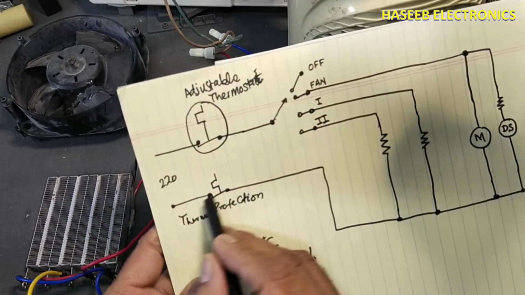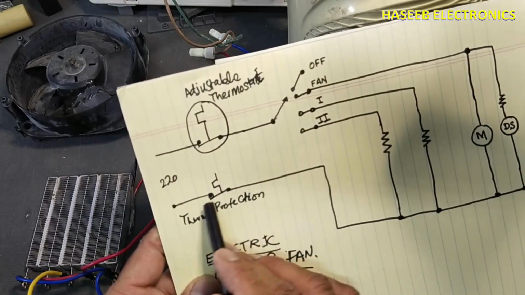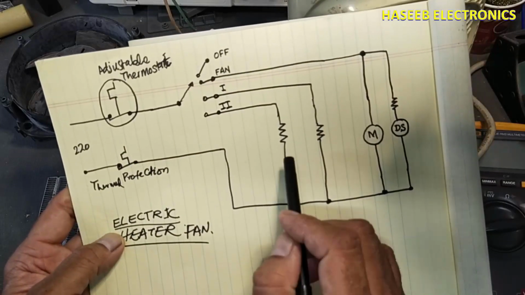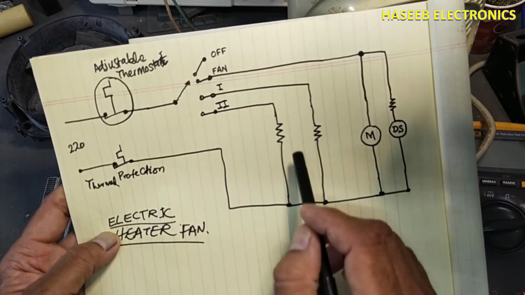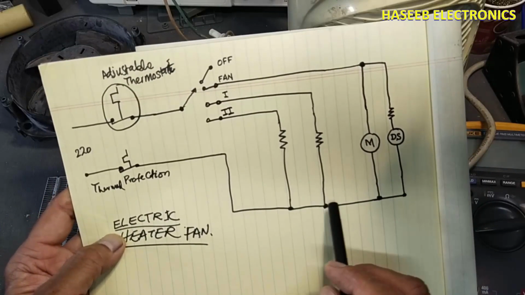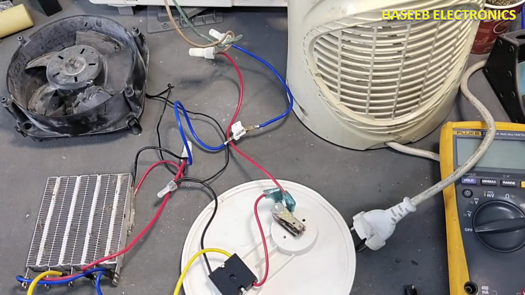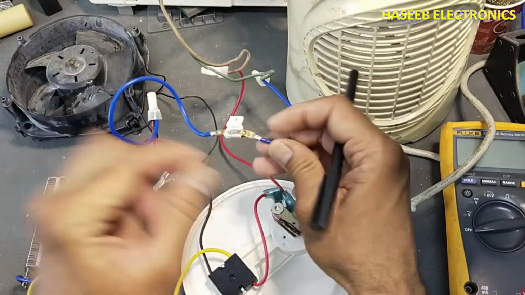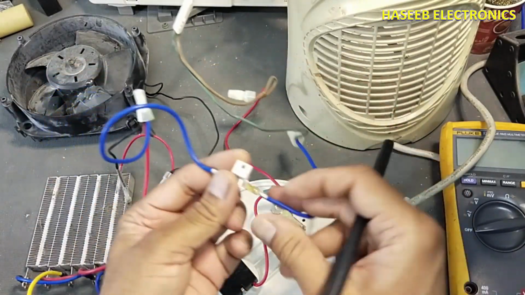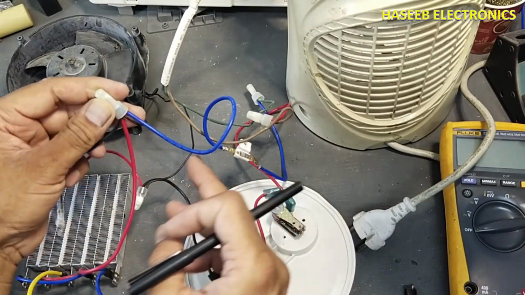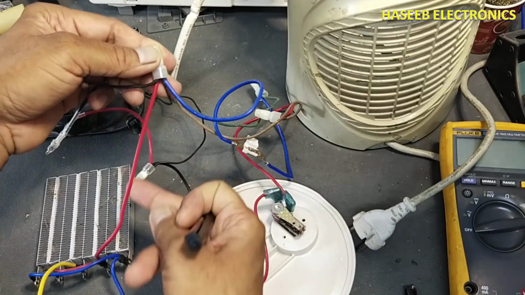So the neutral line will pass through this resettable fuse and then it will deliver to the common of the resistor, the both heating bodies, motor and the neon. This line is coming directly, reaching here, then at this junction one line is going to the heaters.